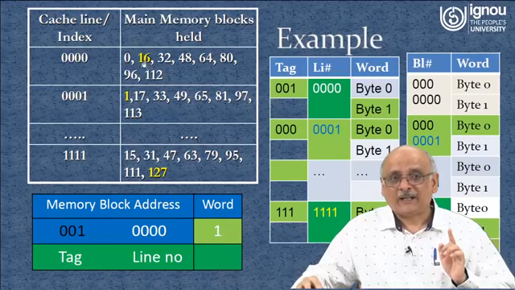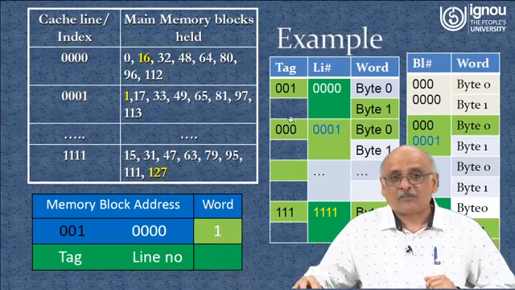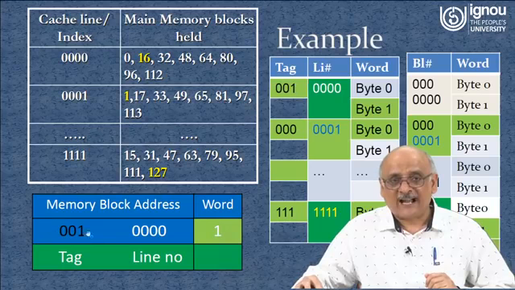So in block number 16, we are looking for word 1, and that's what you can see in this particular case. Okay. So this is the tag. All right. This is the block, that is the line number, and this is the word, the byte, which you are looking at.